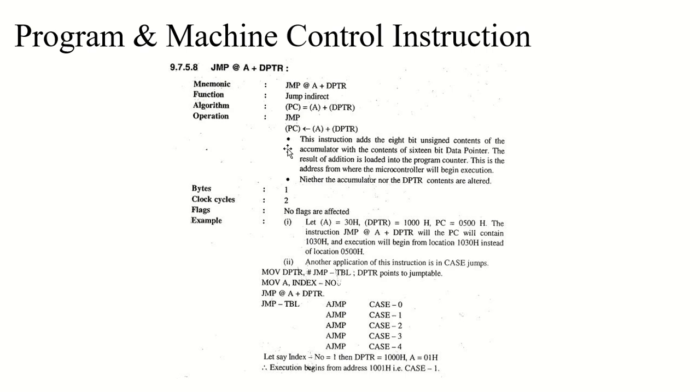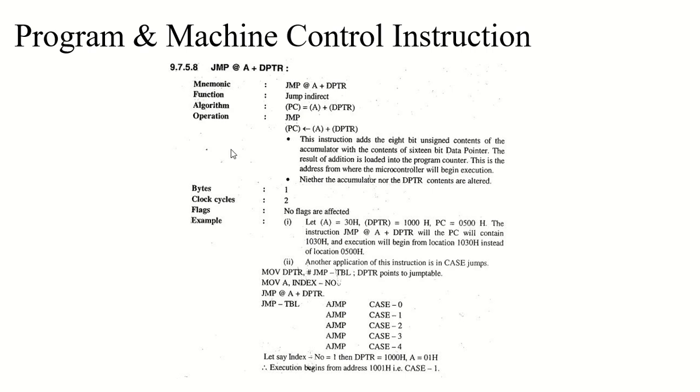So with the instruction JMP @A+DPTR, the program counter will contain the sum of the content of the accumulator and the data pointer. So add 1000H with 30H, you will get 1030H, and this 1030H will be loaded into the program counter, and execution will begin from location 1030H instead of location 0500H.